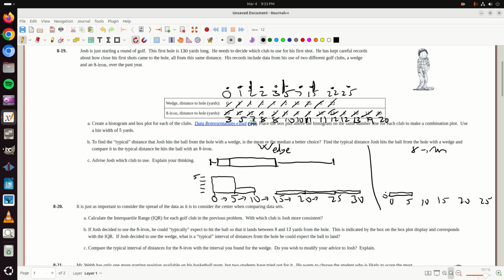Again, I should probably say 0, 1, 2, 3, 4, 5. 5, 6, 7, 8, 9, so I have 4 here from 5 to 9. That looks terrible. 10, 11, 12, 13, 14, so I have 7 on this one from 10 to 15.